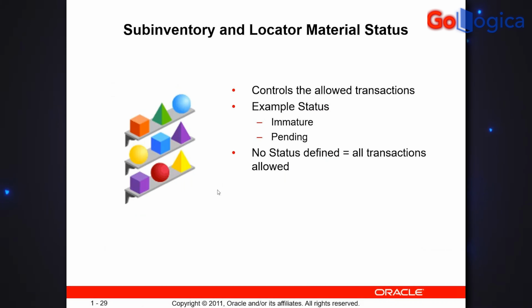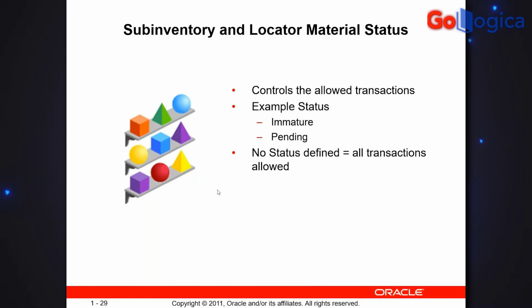Subinventory and locator material status. Whenever we define a subinventory, there is a material status and a locator material status that needs to be defined as well, and that will control the allowed transactions from or in that subinventory. For example, if there is no status defined, that means all the transactions are allowed.